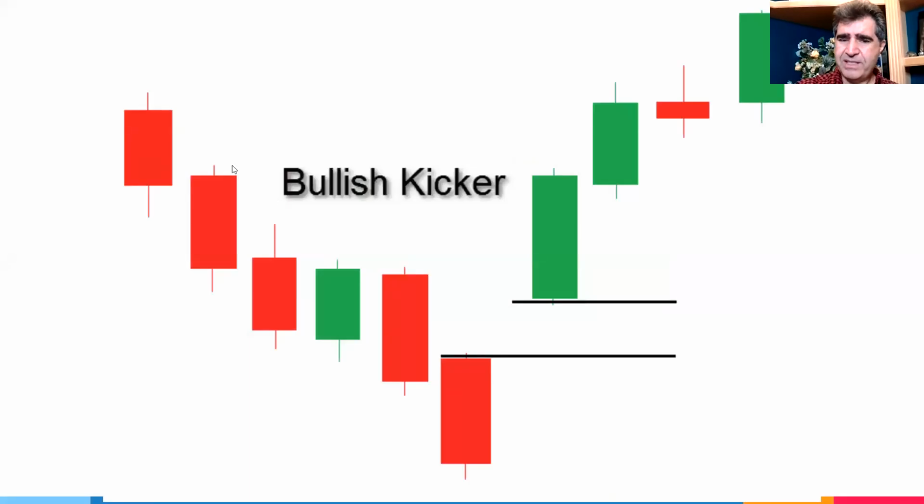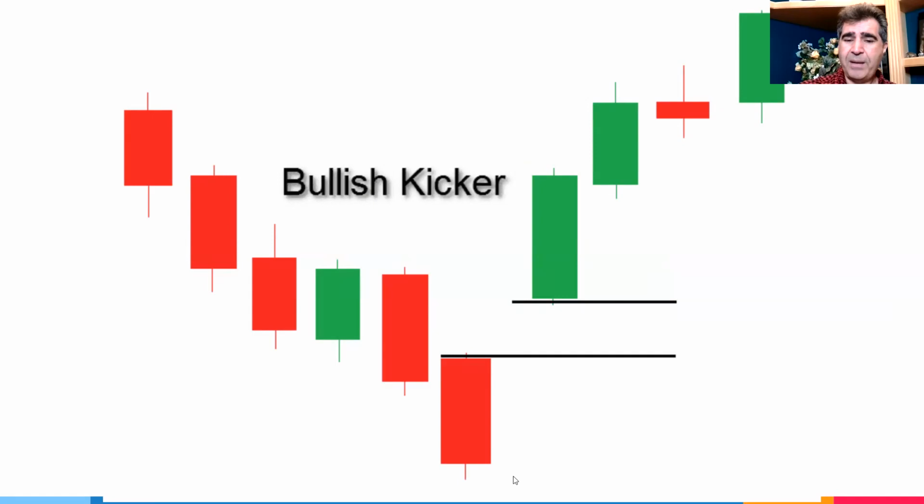There's another one. This is a reversal called the bullish kicker. Usually it's related to big news. Something happens after there had been negative sentiment for a long time. Something big happens. It could be a takeover. It could be big news. It's like the vaccination news we hear nowadays.